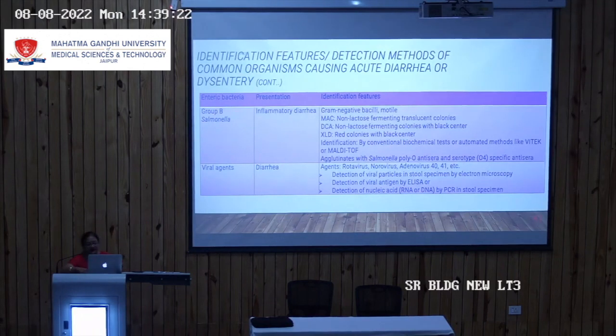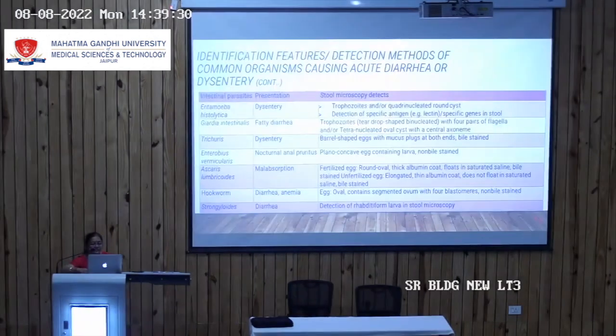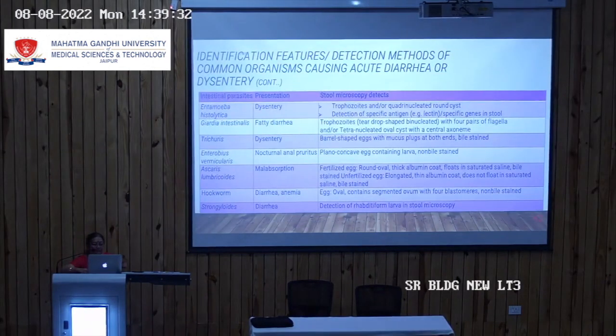In viral agents, rotavirus, all these can be seen by detection of viral particles in the electron microscopy or by ELISA. Then intestinal parasites, they will show in the form of dysentery.